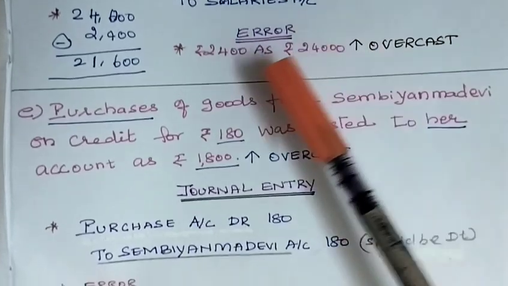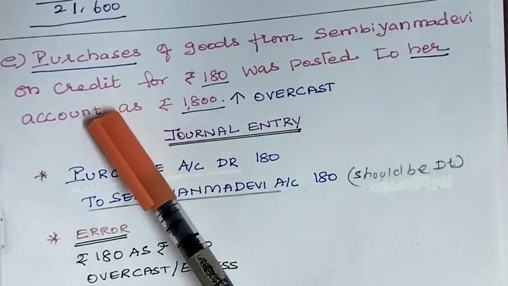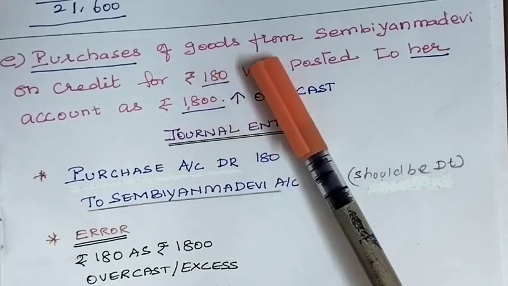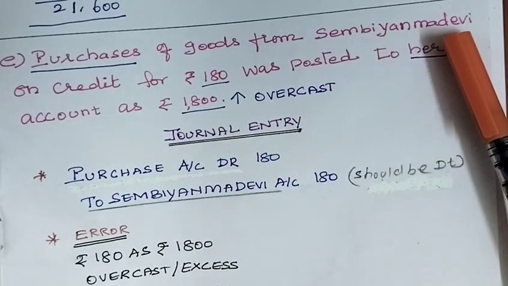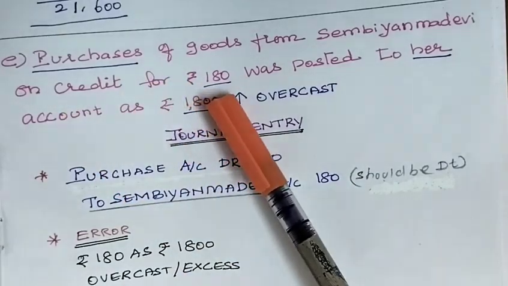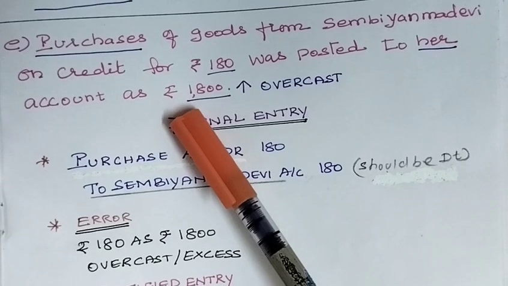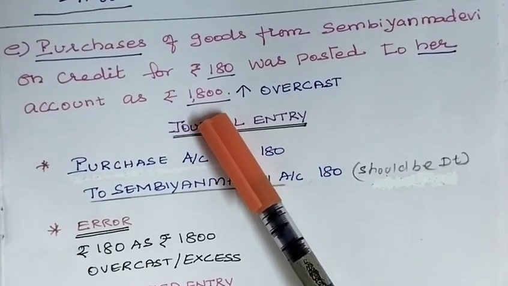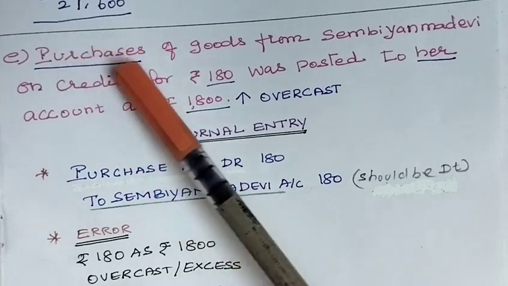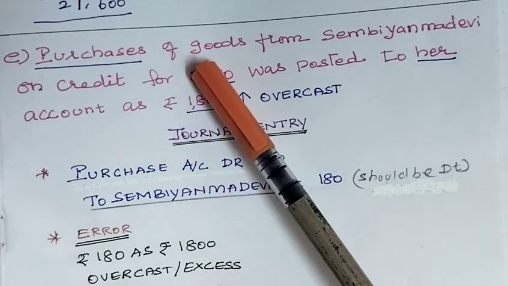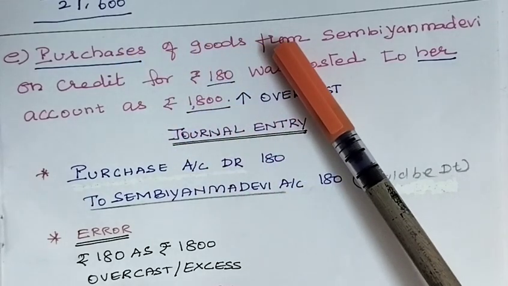Okay. The next transaction is purchases of goods from Sembian Madevi on credit for rupees 180 was posted to her account as rupees 1,800. Listen carefully. What does this transaction tell us? This transaction tells us this is a credit purchase.